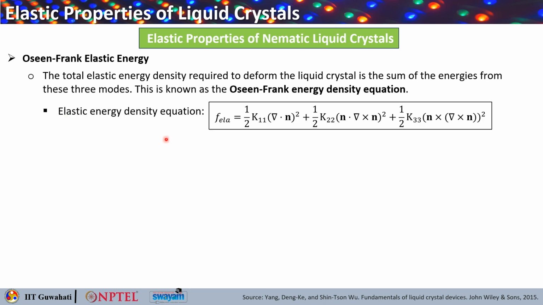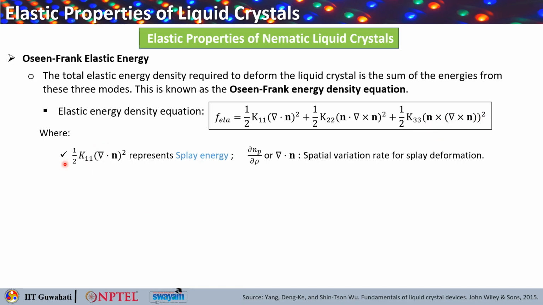The elastic energy density F_el has all these three coefficients: half K11 (divergence of n) squared, plus half K22 (n dot curl of n) squared, because there is a twist here, and then half K33 (n cross curl of n) squared.